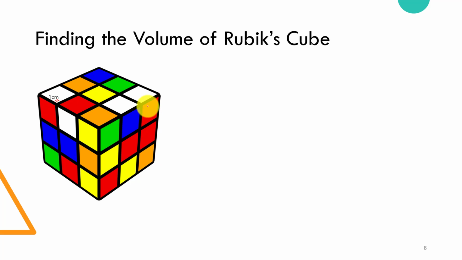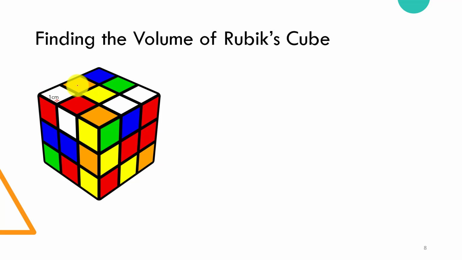For this white surface over here, this white and this red, this is a single cube. So all of this surface, this length is 1 centimeter. As we saw for cubes, each and every side is the same length, so all of this length will be 1 centimeter only.